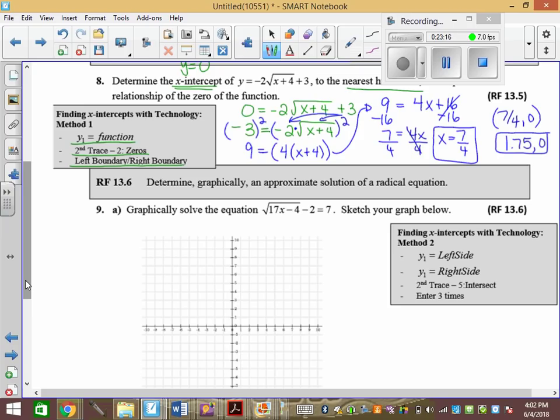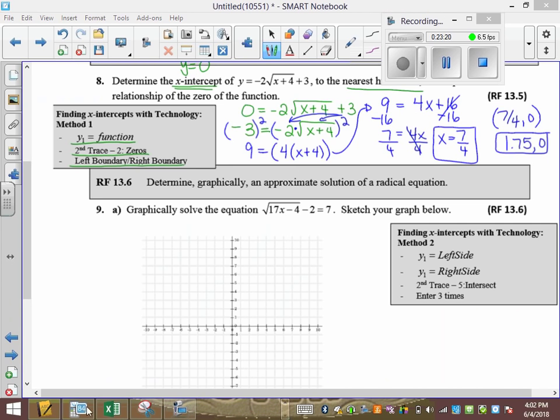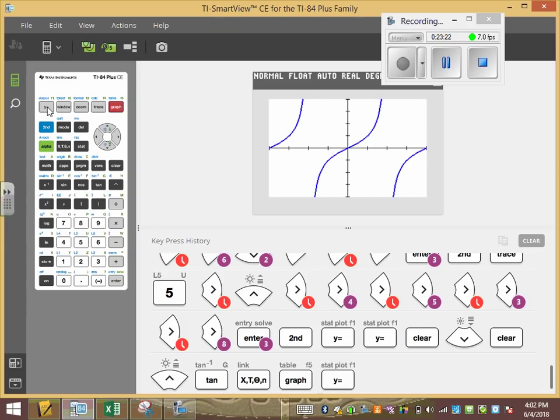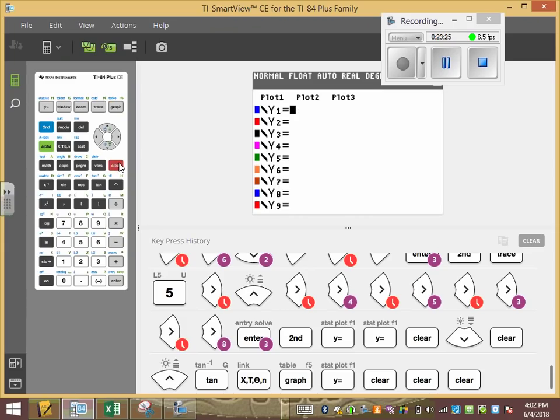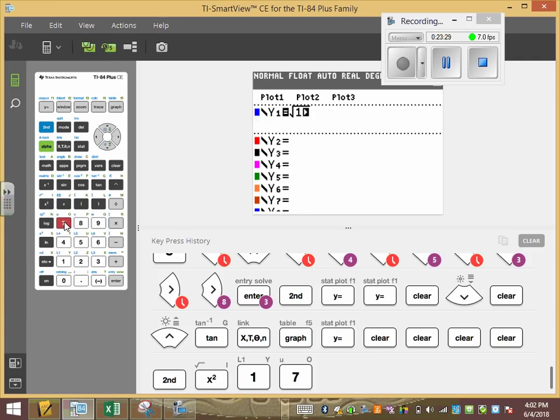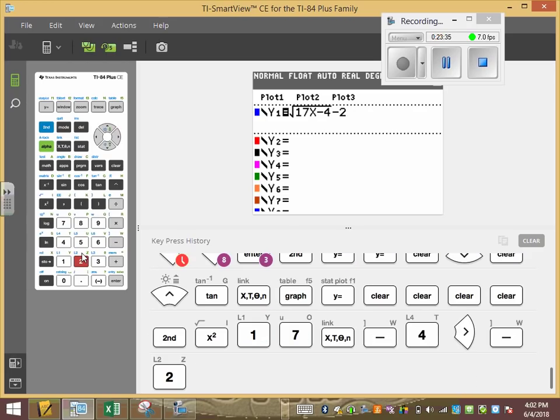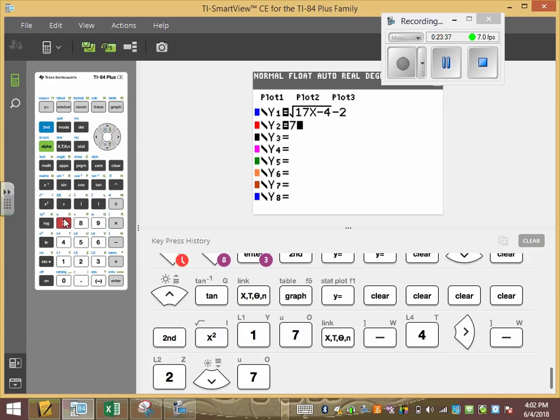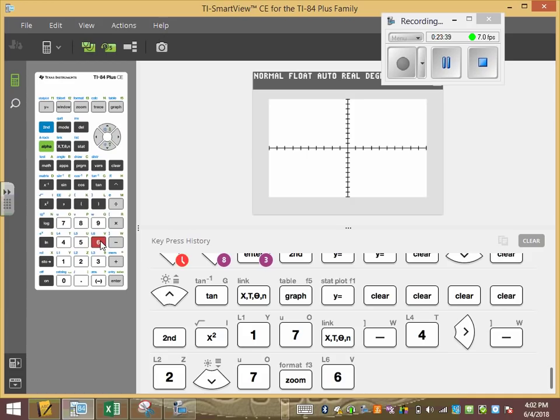So my y1 equals, take out my trig. Okay, so on this side, I go square root of (17x minus 4), I'm going to put it exactly how it is, minus 2. And then in y2, I'm going to put 7. Let me go zoom 6 and see if I can see it. There it is. So I'm going to find out where they intersect.